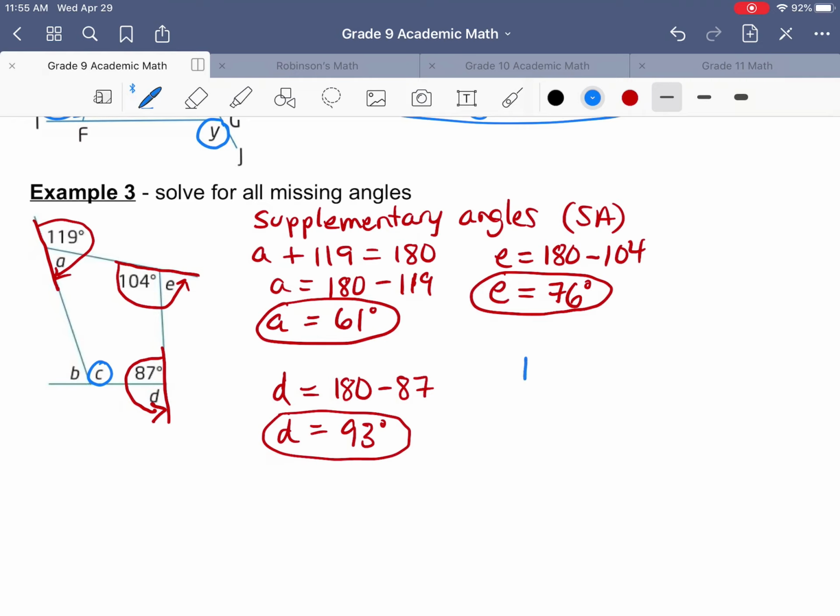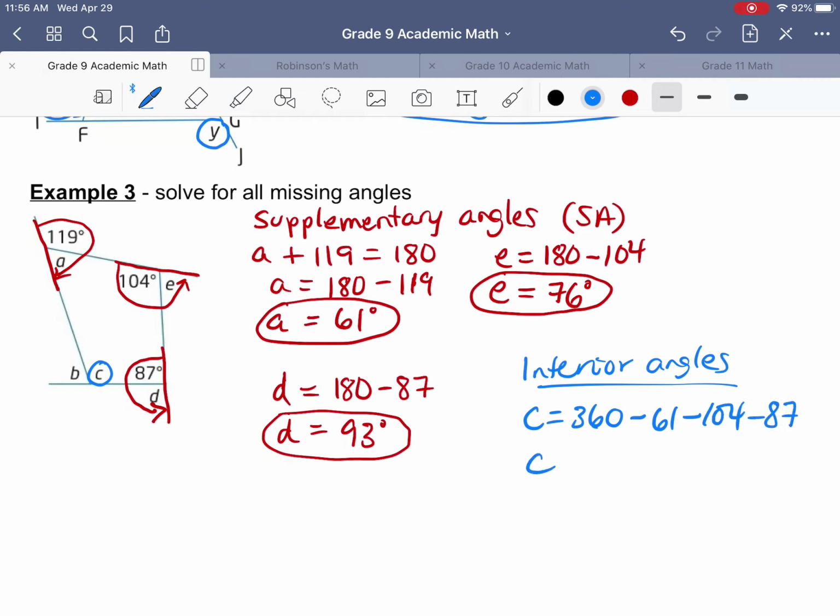So I'm just going to write interior angles here. Okay, so C is going to be equal to 360 minus A, which is 61, minus 104, minus 87. So C is equal to 108 degrees.